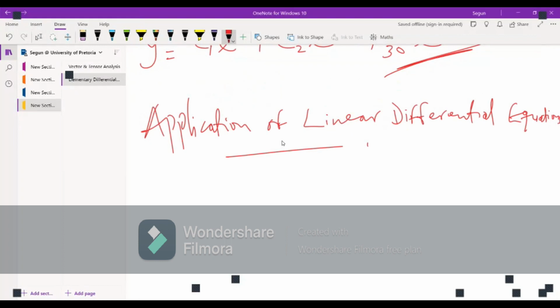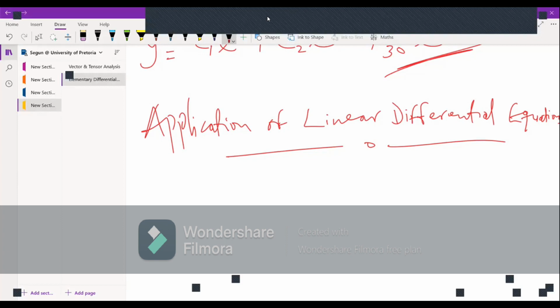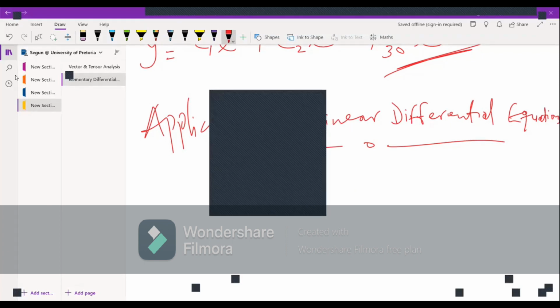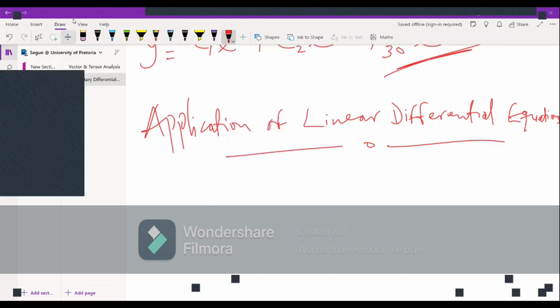This application is we have it in population model, we have it in radioactive decay, we have it in Newton's law of cooling. We'll start with Newton's law of cooling, any of them that we can lay our hands on.